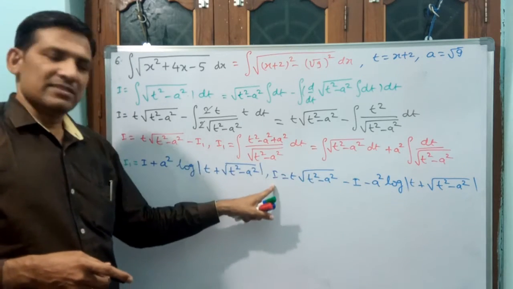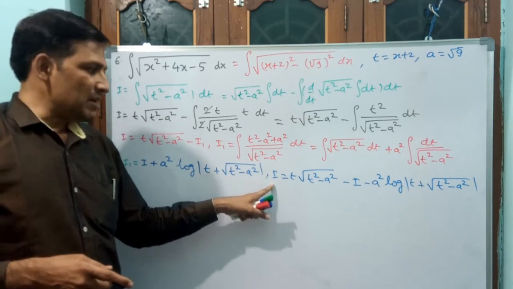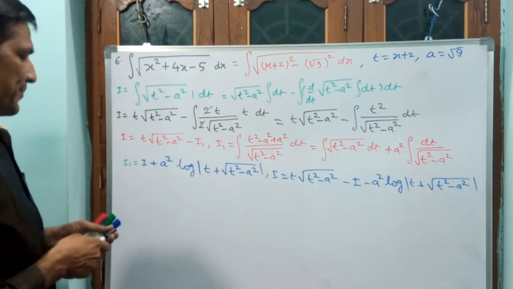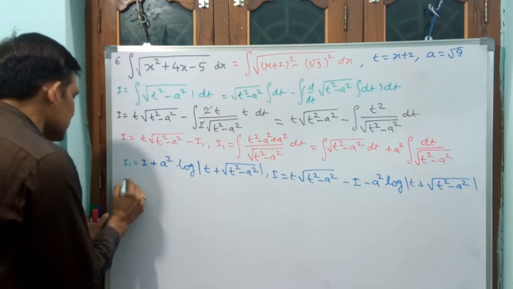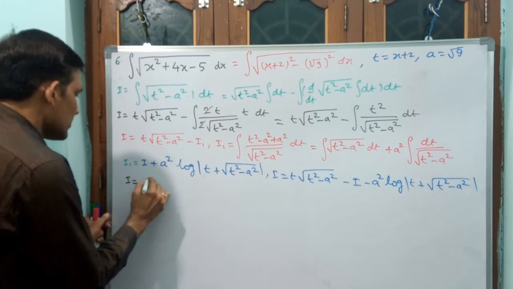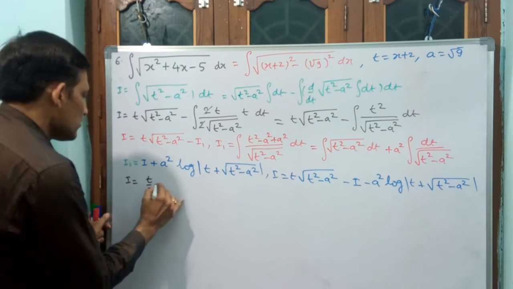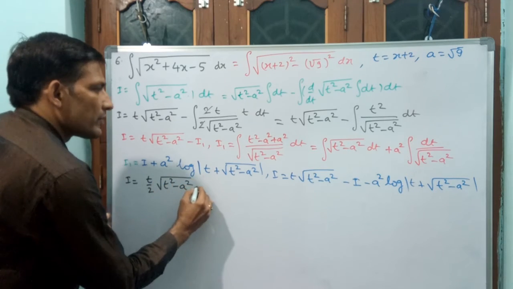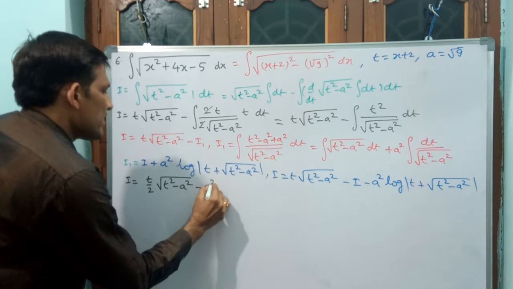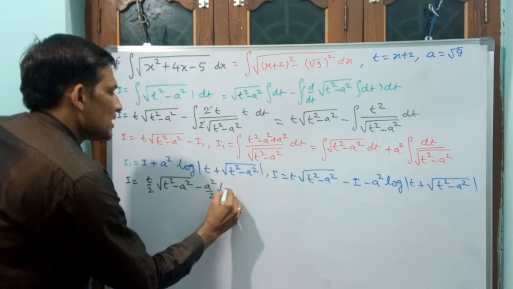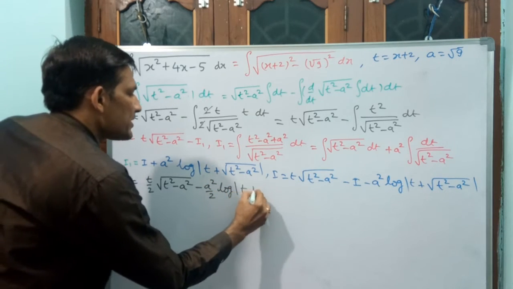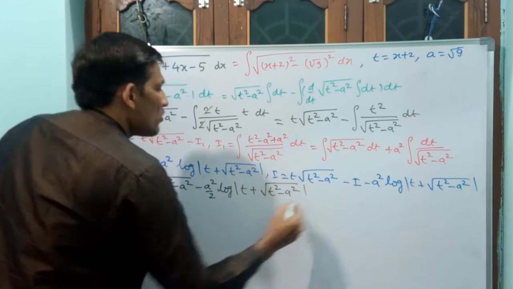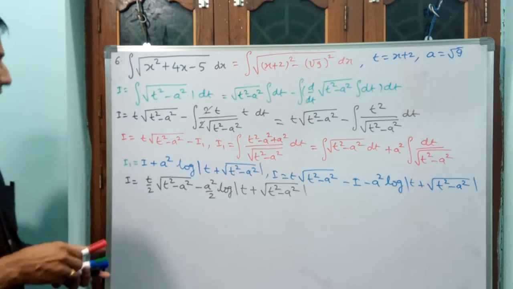I am sending minus I this side, 2I it is going to become. Then I will be divided by 2. I am writing directly the I value. I is equal to t by 2 square root of t square minus a square minus a square by 2 log of modulus t plus square root of t square minus a square modulus close. Okay?